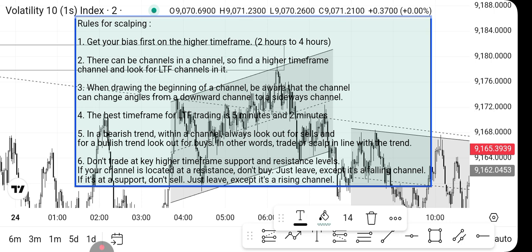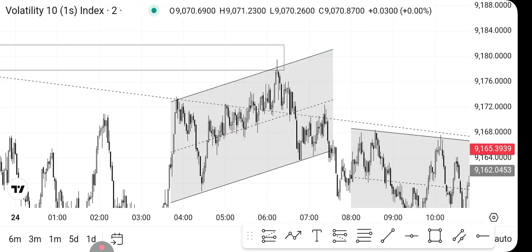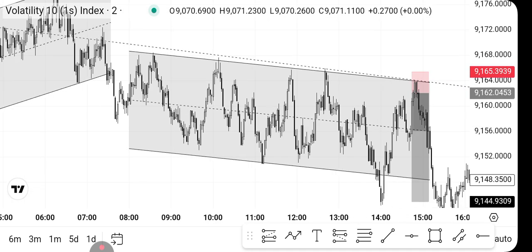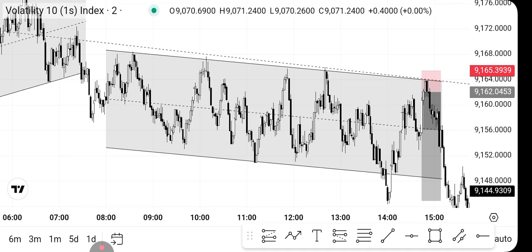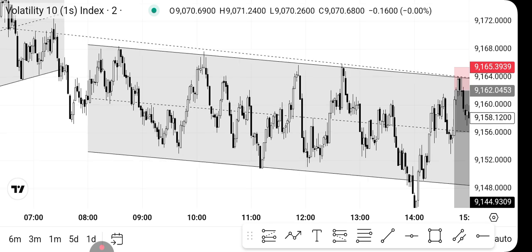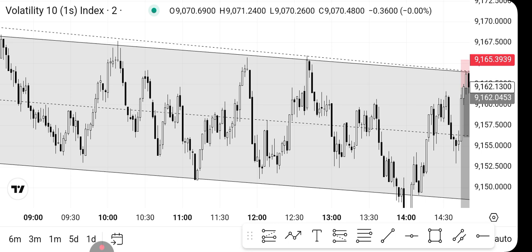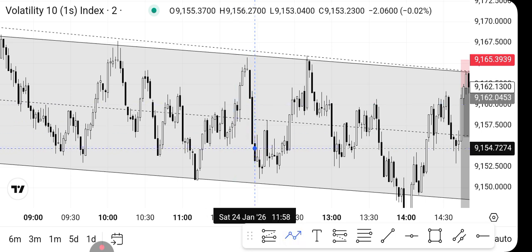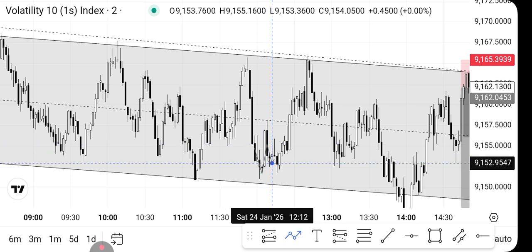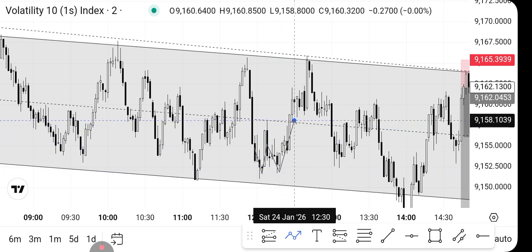So now let's look at the falling channel and see. This is the falling channel here. So in fact, if you are buying, make sure there's a strong confirmation. Now this is a W pattern, more like a double bottom. But I won't advise you to trade it. Basically, just trade with the trend.